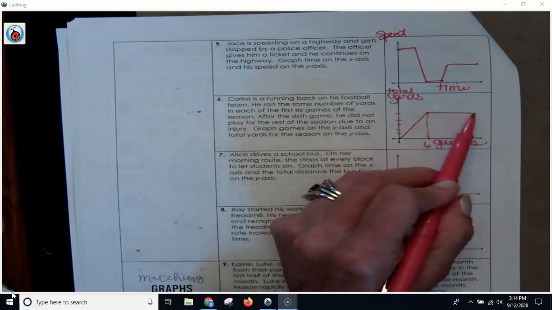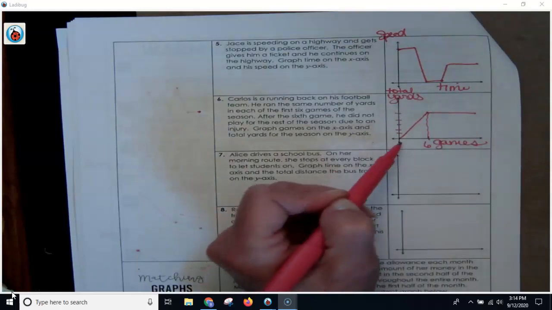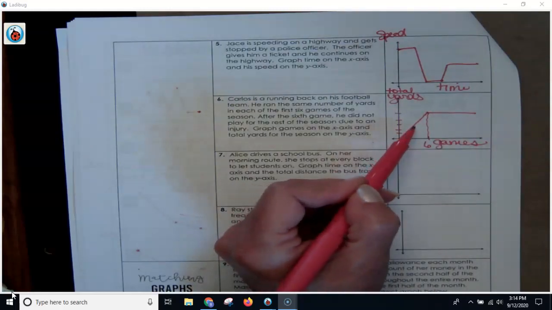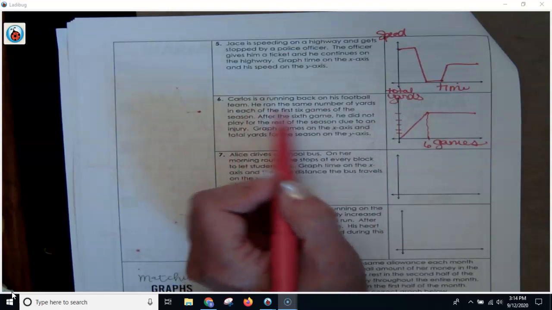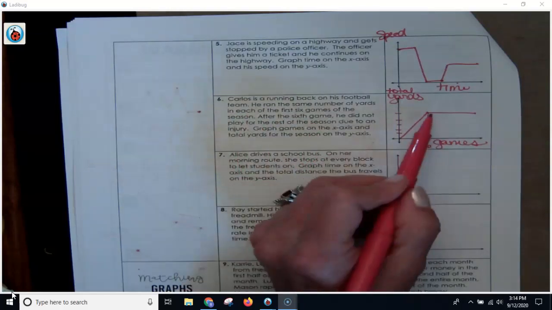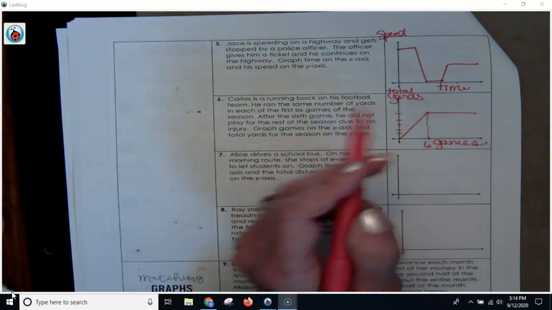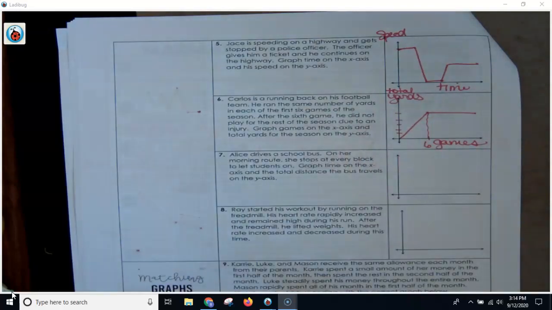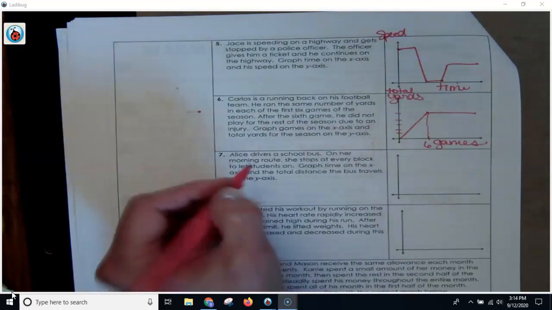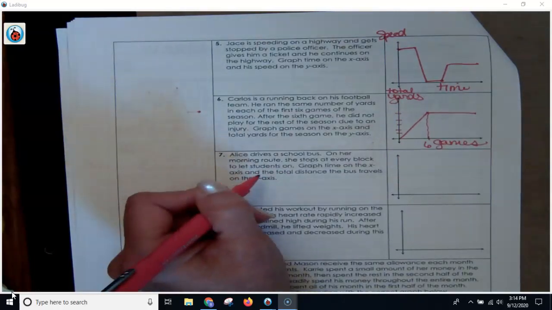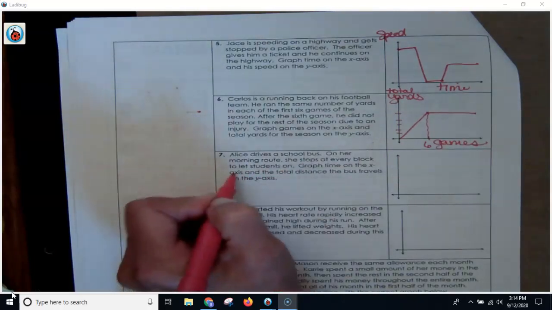Then he doesn't get any more yards. So his total yards is increasing for the first 6 games. Then after that, he just has the same number of yards for the rest of the season because he can't play.